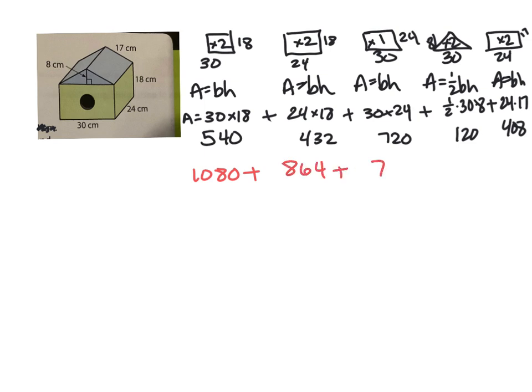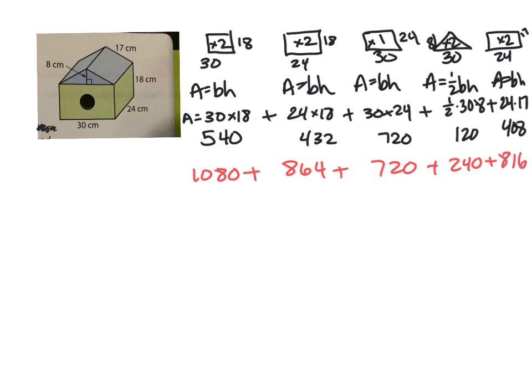I only had one of these. I had 2 of the triangles though. So 120 times 2, 240. And I had 2 of these. This was representing the roof up here. 408 times 2, 816. And then I just have to add them all together.